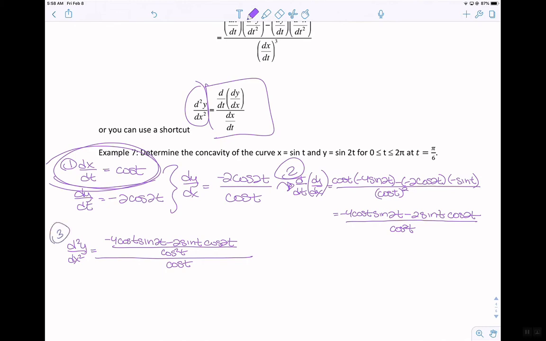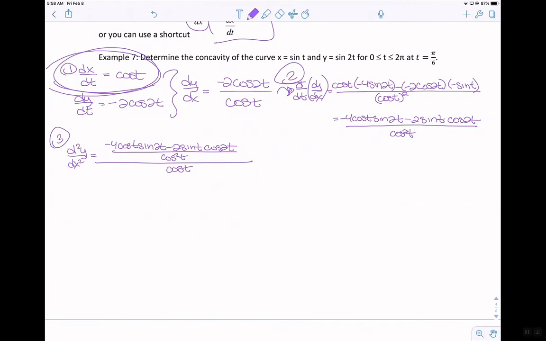Now I want to know the concavity of the function at t equals pi over 6. So I need to find d squared y over dx squared at pi over 6. Now this cosine of t in the bottom and that cosine squared of t in the top, when you invert and multiply, it's going to give you cosine cubed of t.